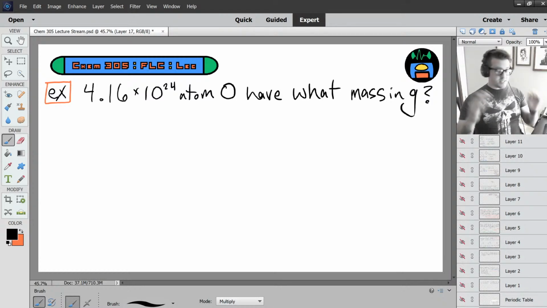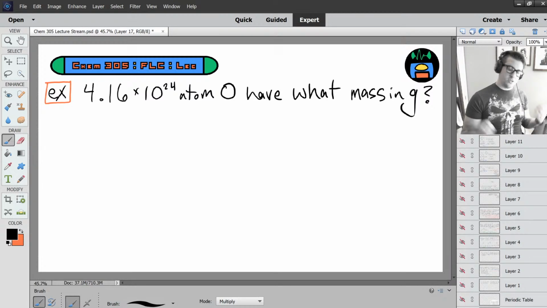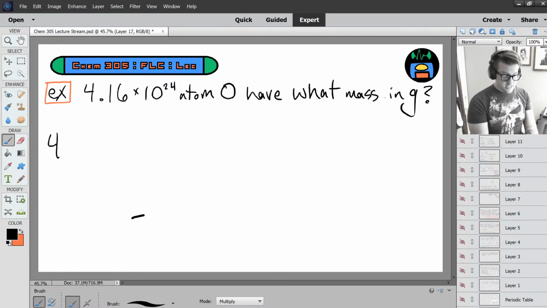All right, I could say you have a sample containing 4.16 times 10 to the 24th atoms of oxygen. What is the mass in grams? Let me work on my spacing a little better. Again, this is a unit conversion problem that's just moving in the opposite direction.